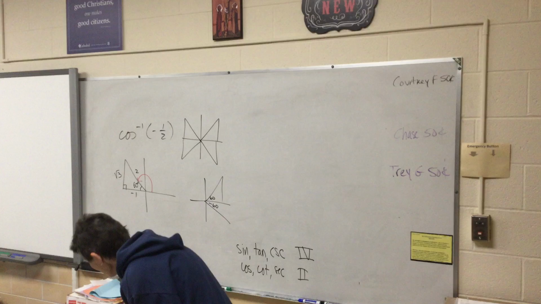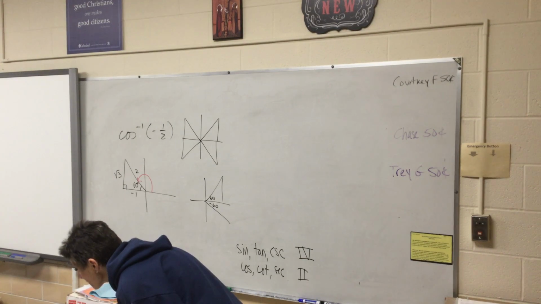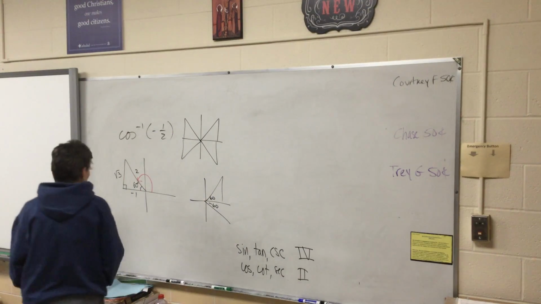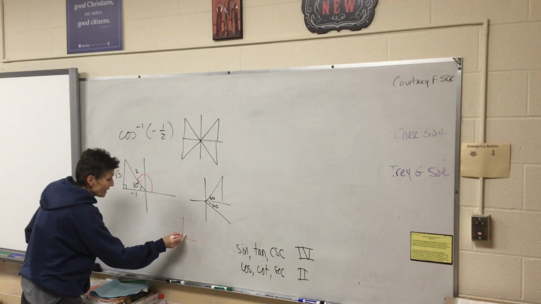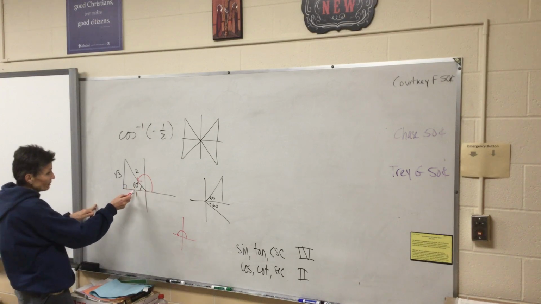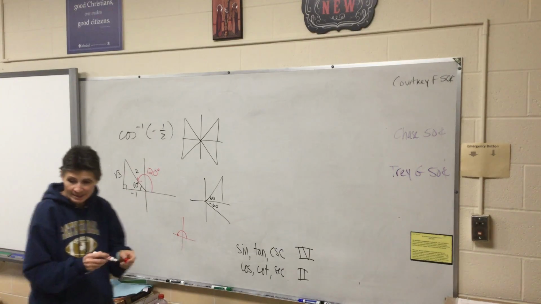It's not 150 either, although you're really close. 180 brings me to here, so all the way to here would be 180. Oh, we're getting closer. It would be 120 degrees.